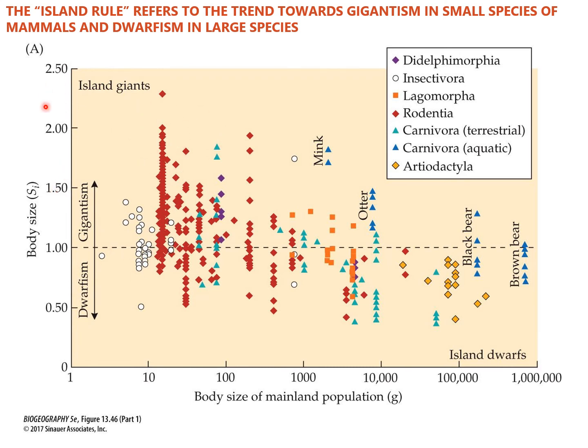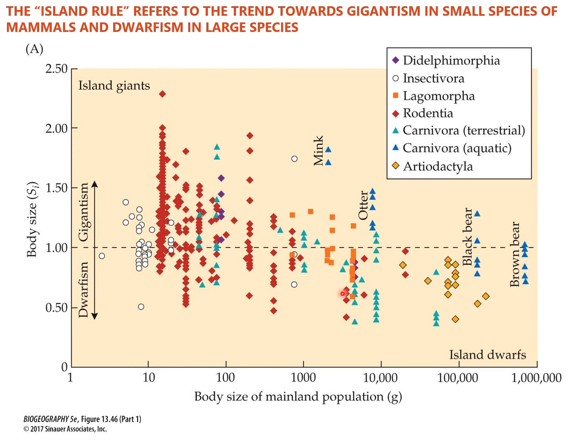So you see these larger values, all of these, and we're looking at different types of whether they're rodents or carnivores or insects or whatever. Basically, all these points are above this dashed line, means that they're trending towards larger. These are larger organisms on the island than their populations are, or those organisms are on the mainland.